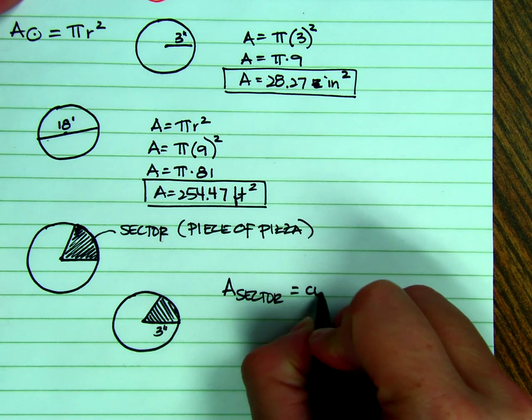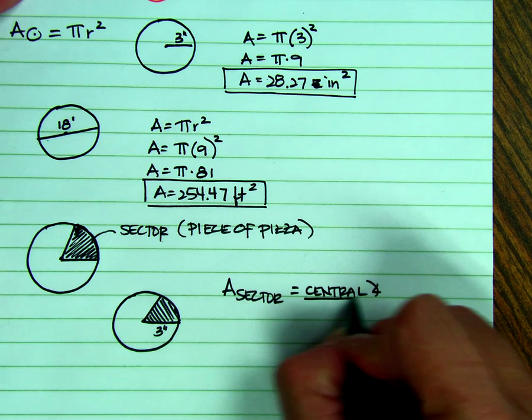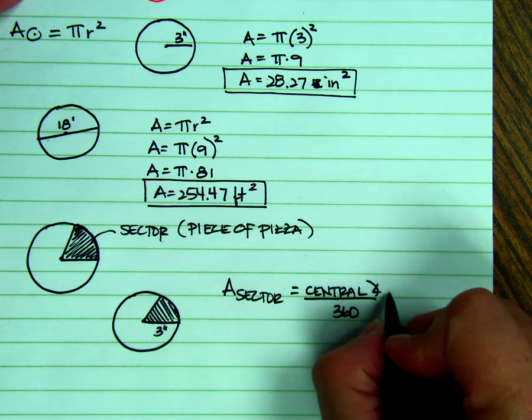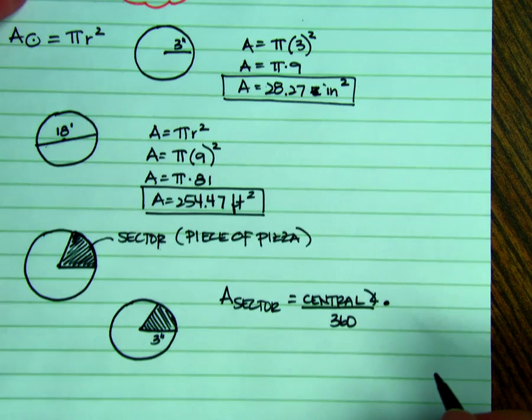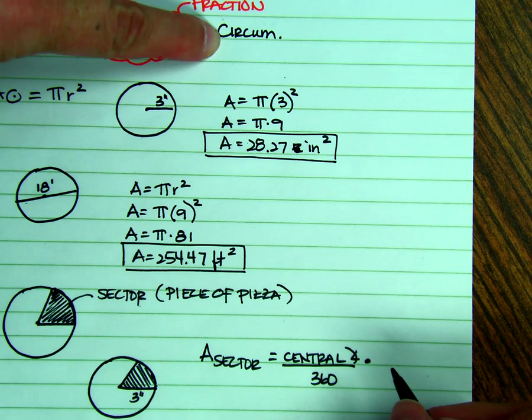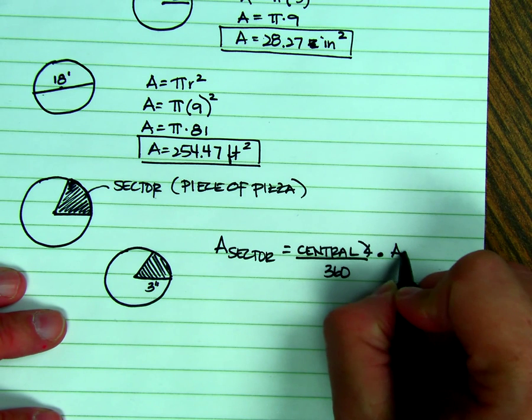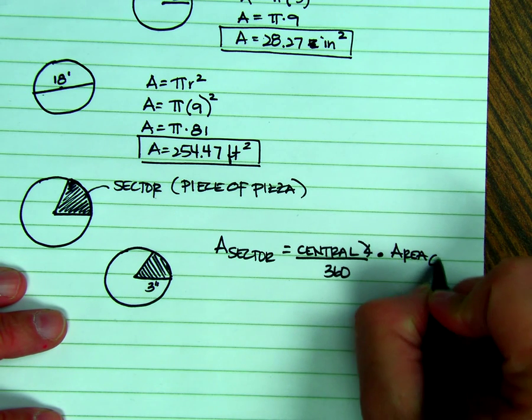So it's going to be the central angle divided by 360 times, well, now I don't want a piece of the circumference. I want a piece of the total area of this. So it's times the area of the circle.